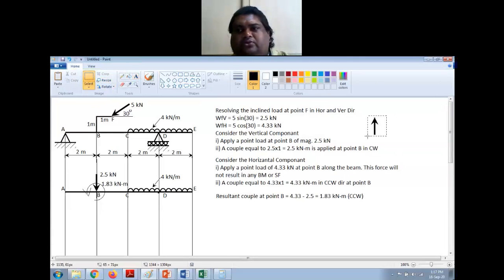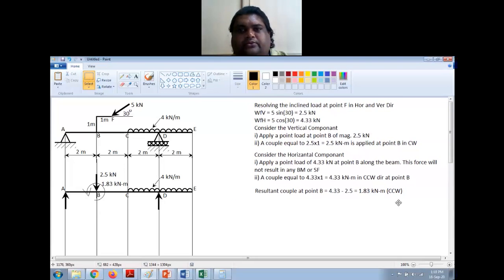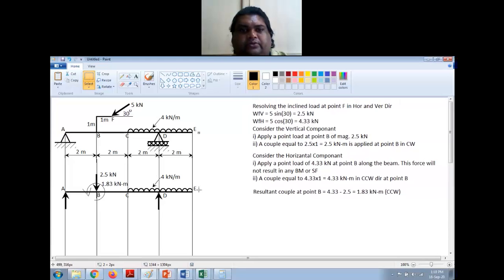Now I will also show the reactions. So at point A, you have a support. So you'll have a reaction here, and again at point B, I have another support where you will have the reaction. So my load diagram is complete now, right? So this is the question that was given.